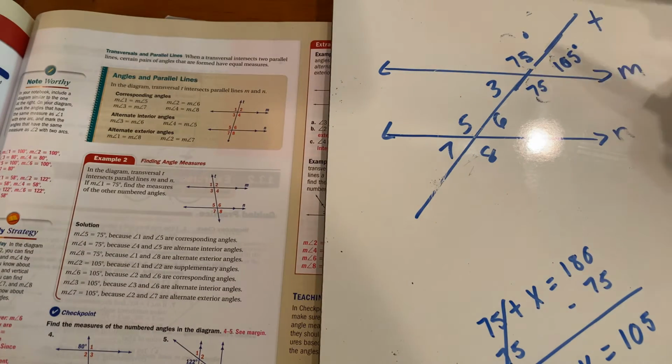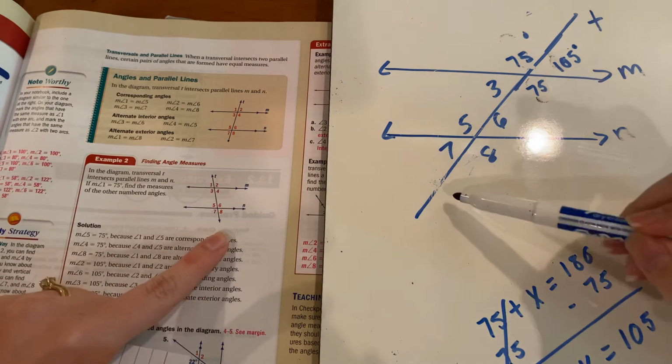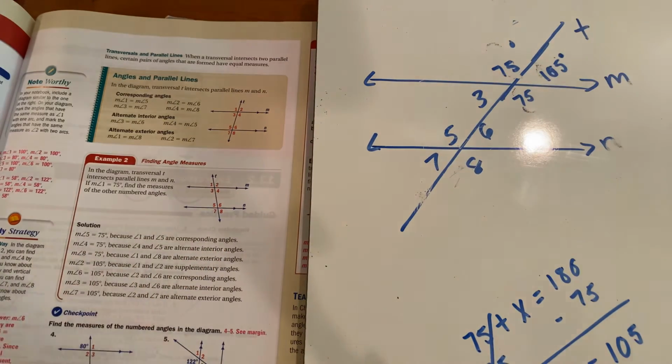And again, it should actually be switched. This one should be 105, this should be 75. But looking at our book right here, I accidentally drew my line going this way where their line is going this way. So just bear with me. Our angles are going to be off, but they're only off in the opposite way because I drew my line the opposite way.